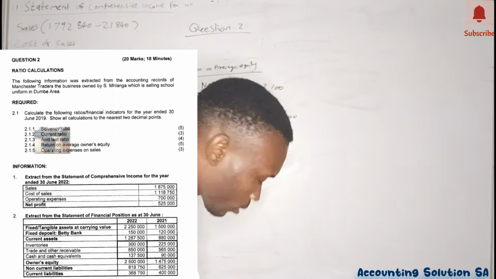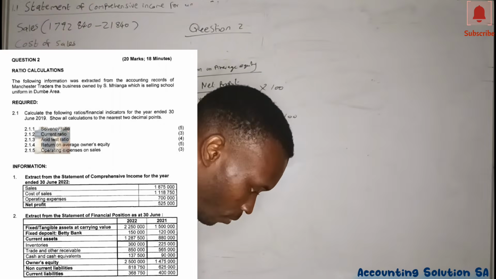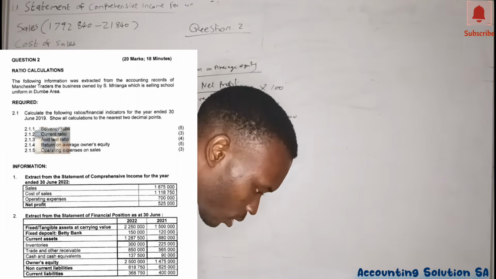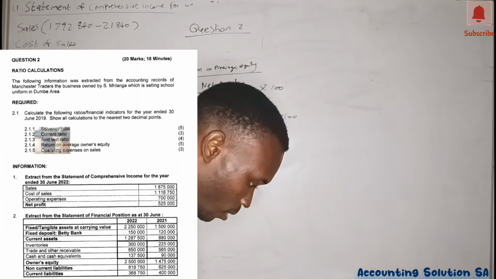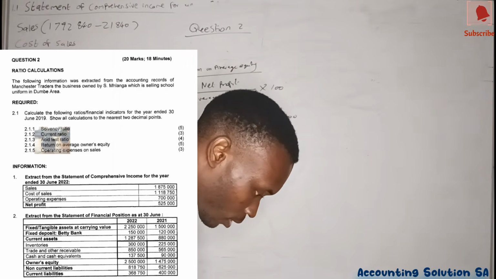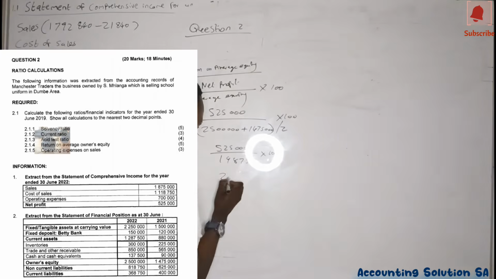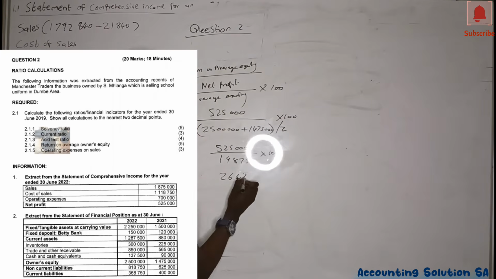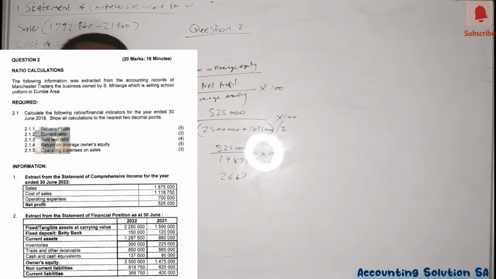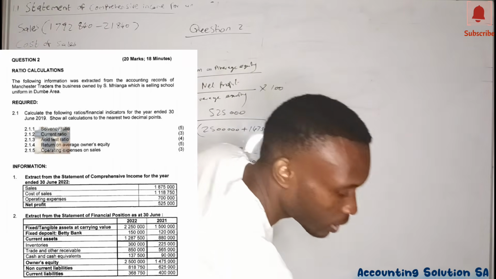Now we can say 525,000 divided by 1,987,500. Then multiply by 100 is going to give us 26.4%. So the answer for this ratio must be given in terms of percentage.